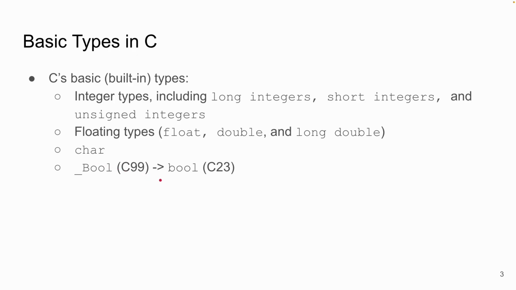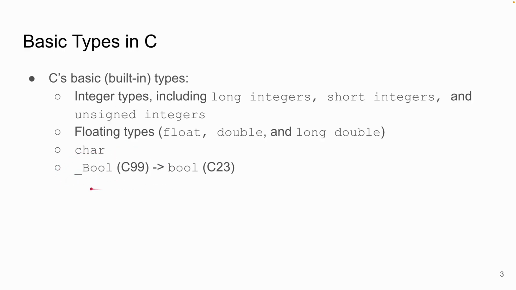Also, C has another built-in type, which is bool. What is interesting is that C announced its new version in 2023, and there are some changes. The change that relates to today's topic is that C changed the built-in bool type from _Bool into this form.